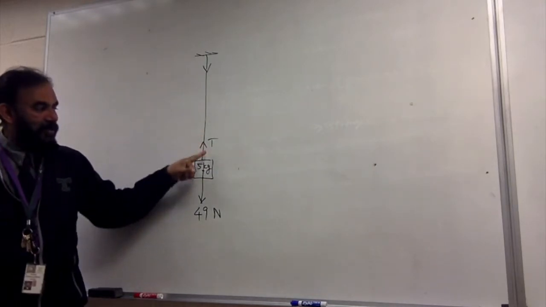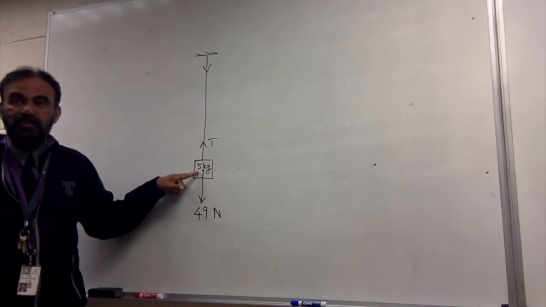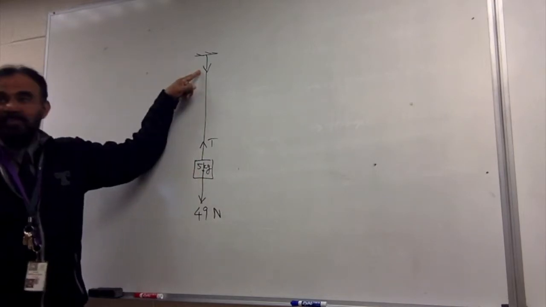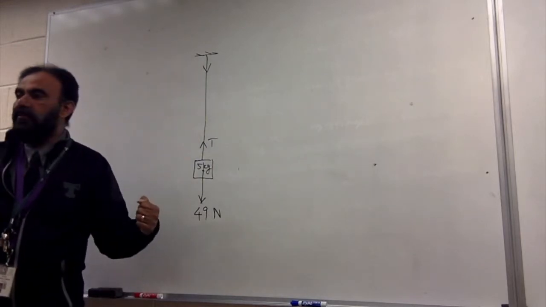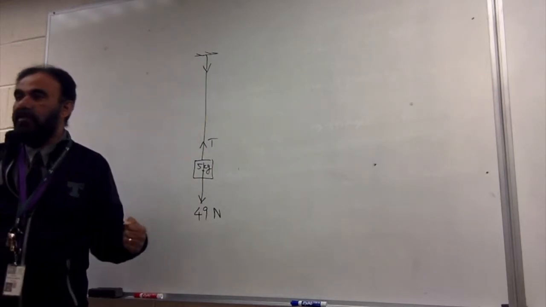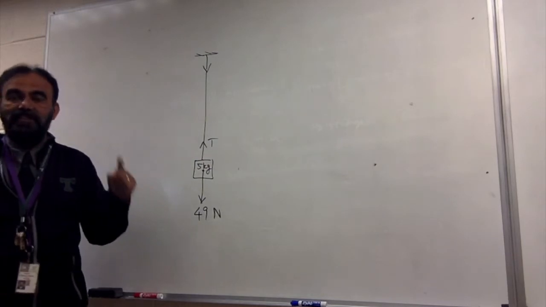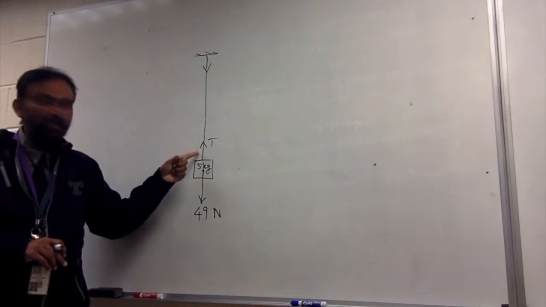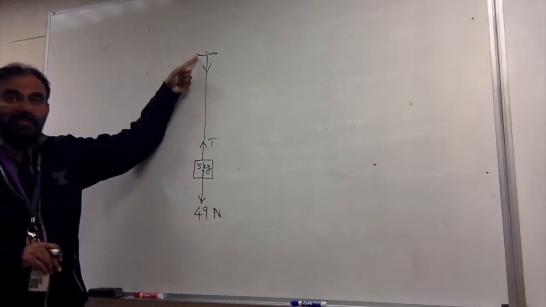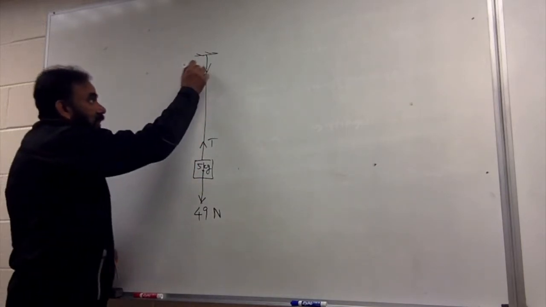You put an arrow this way indicating that this tension is pulling this object upward, and you reverse the arrow there saying what is the tension doing to the ceiling, holding the ceiling down. Make sense? So the arrow marks on a tension depends on which object you're focusing on. If you're focusing on this object, the tension is upward. If you're focusing on the ceiling, then the tension is downward. So that's all the tension.